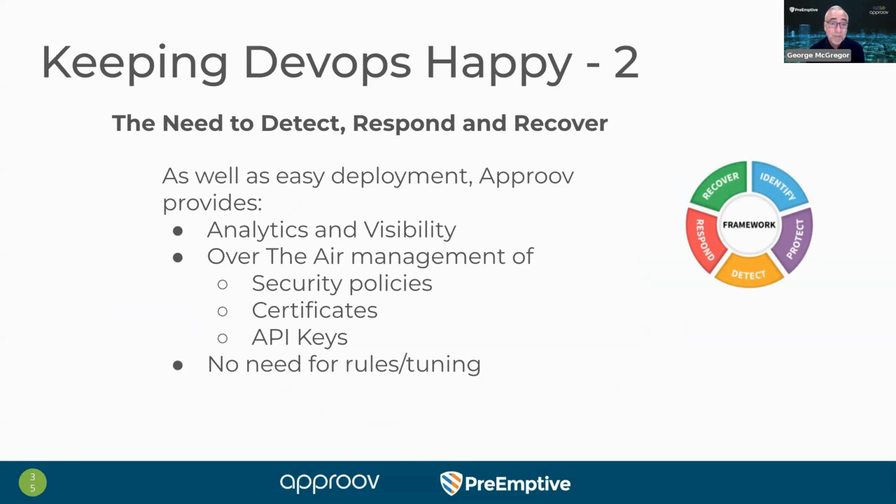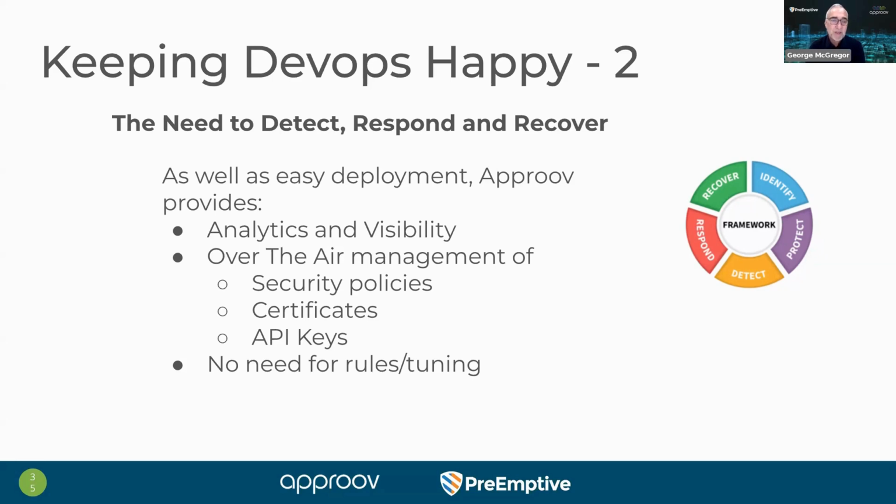And then the second piece to this is, as you go further towards that respond and recover part, it's very important to know what you're going to do if things do go wrong, after the application is deployed. So obviously, we provide analytics and visibility to what's going on, and a full set of dashboards that gives you that real-time feedback.